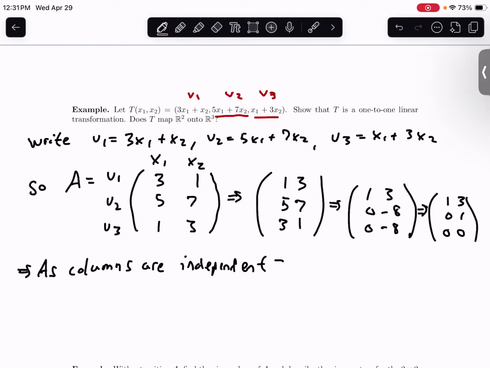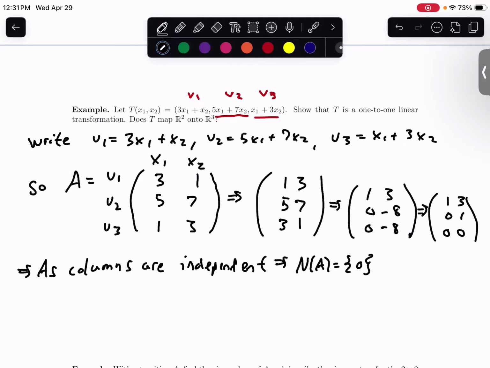What this means is we know that the null space of A is equal to the zero vector. So we have 2 pivots, we have 2 columns. That means we don't have any free variables, which means we have a trivial null space. And so this is the same as saying that T is going to be 1 to 1, which I write as this. So this is like 1, 2, 1.